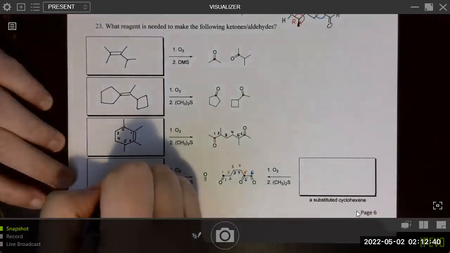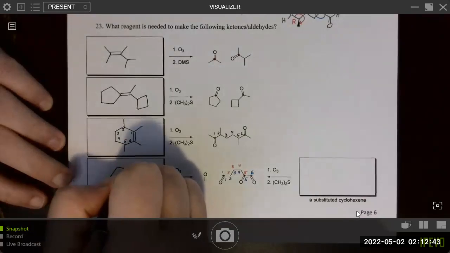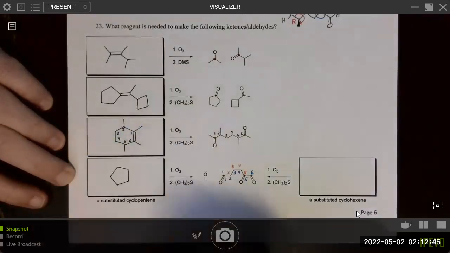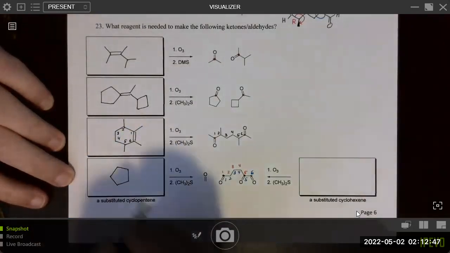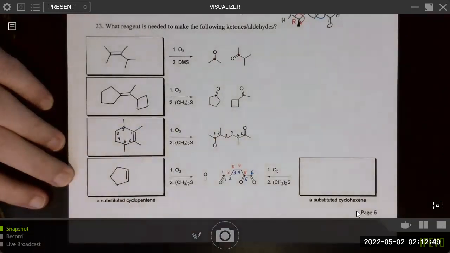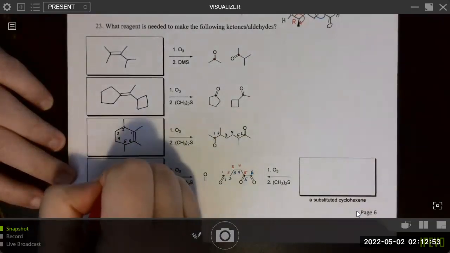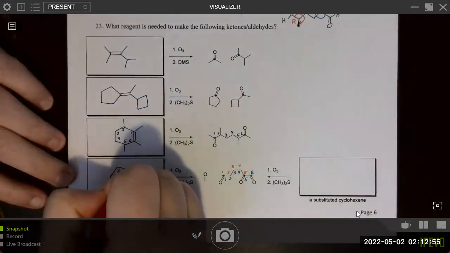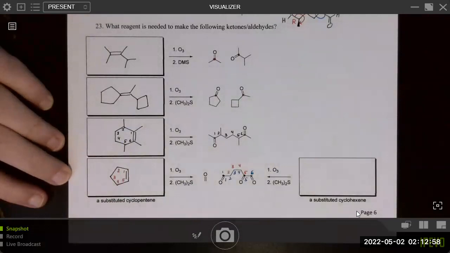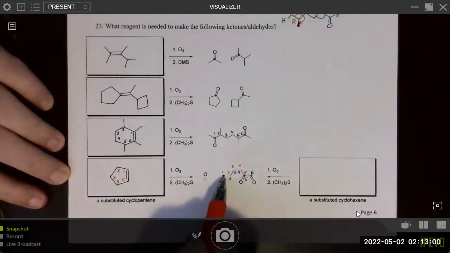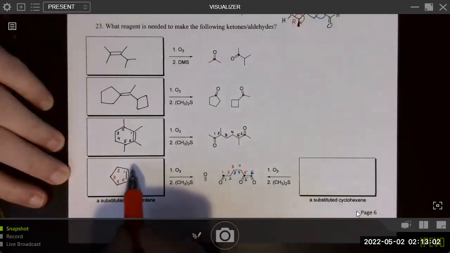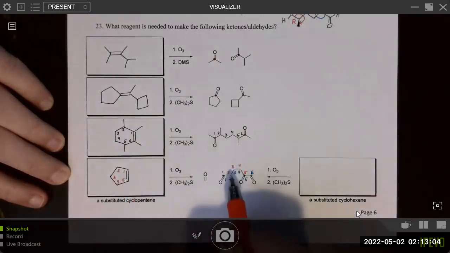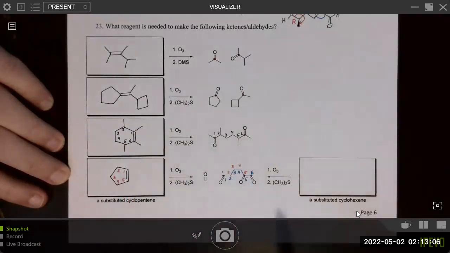Okay, so cyclopentene. We just go ahead and draw it in. It's going to be a substituted cyclopentene. That is our red pathway. So 1, 2, 3, 4, 5. Let's see what else is attached. 1 is an aldehyde, which means there's just a hydrogen attached here. 2, 3, and 4 are methylenes.